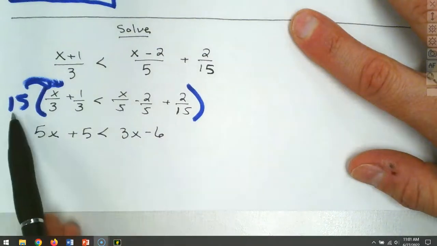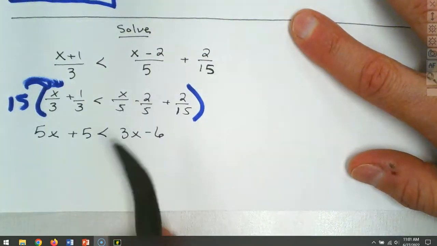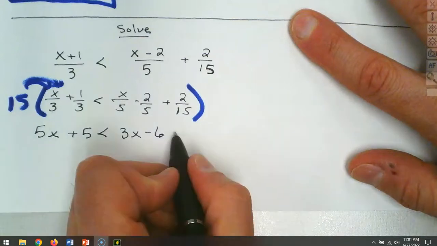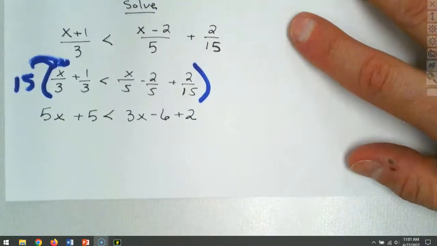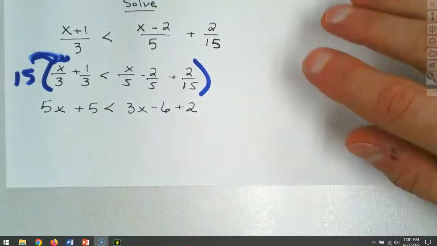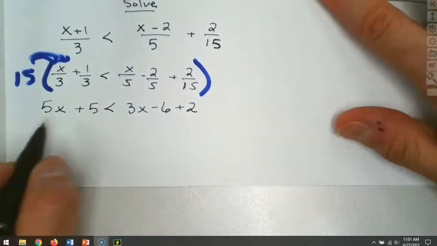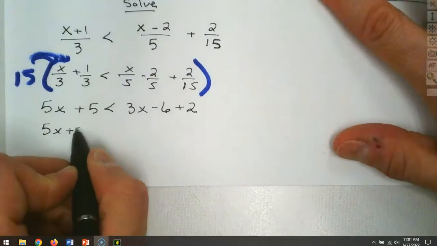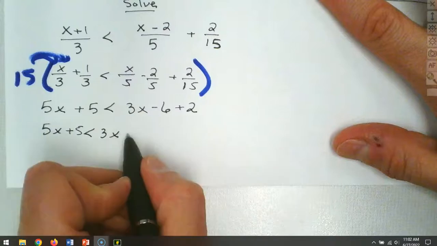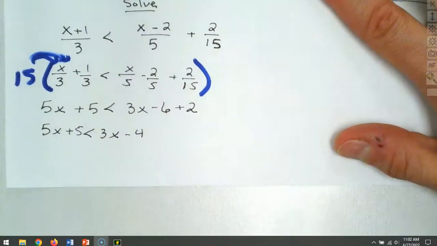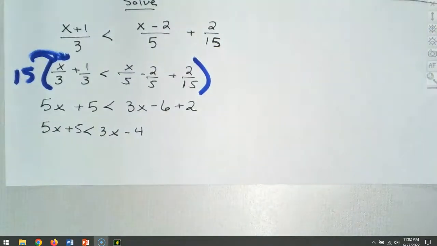Let's make sure we did that correctly. Yep, 3 times negative 2 makes it negative 6. The 15's cancel, that leaves you with a positive 2. We'll clean this up a little bit. So now we've got 5x plus 5 is less than 3x minus 4. And we should know what to do from here, right?